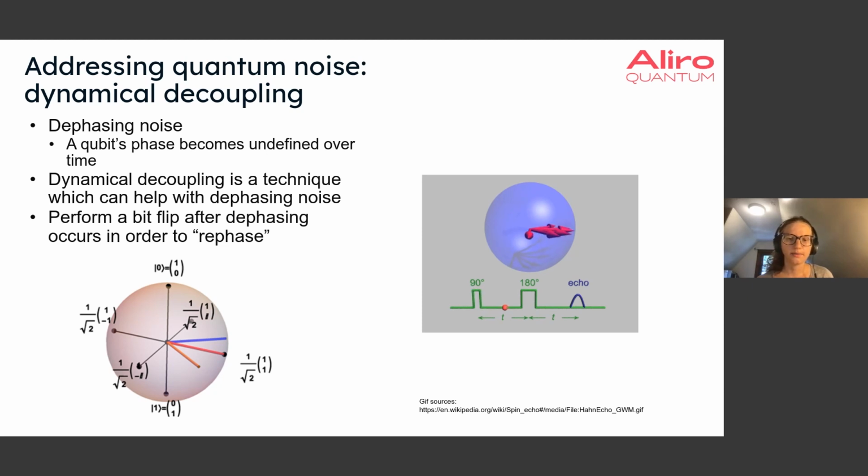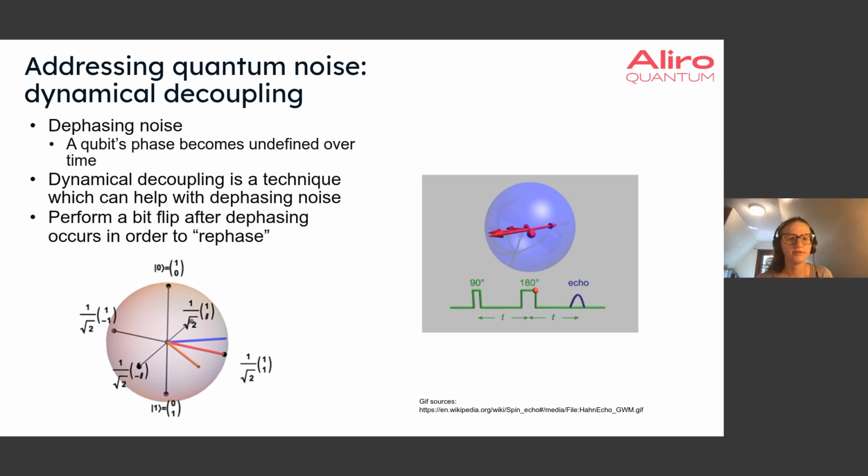What you can do to fix this noise is a bit flip operation. We talked about bit flip errors corresponding to 180-degree rotations on the Bloch sphere. If you intentionally perform a bit flip, then it's no longer an error, it's just an operation.